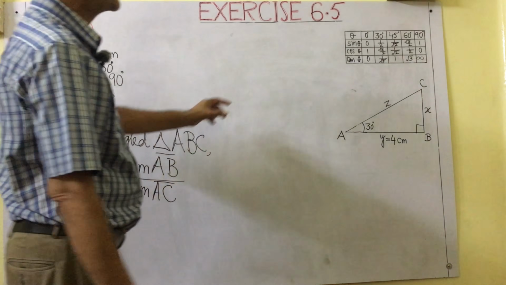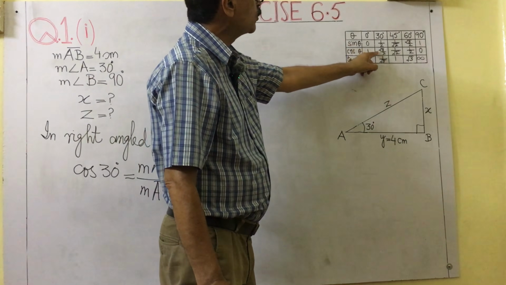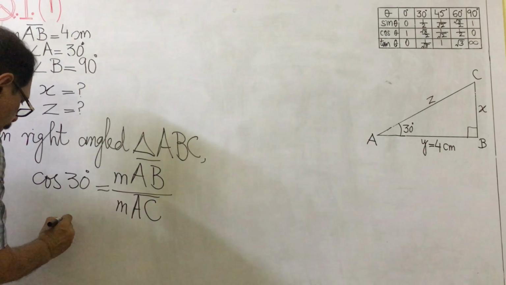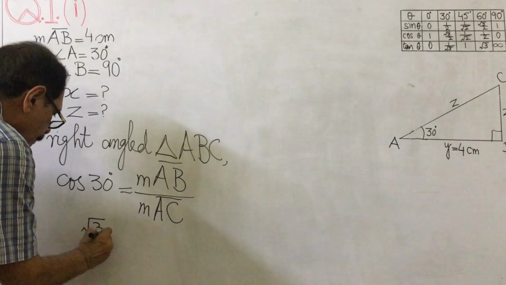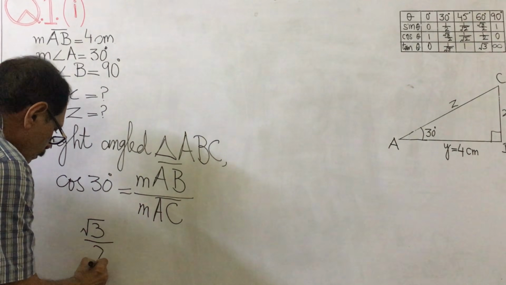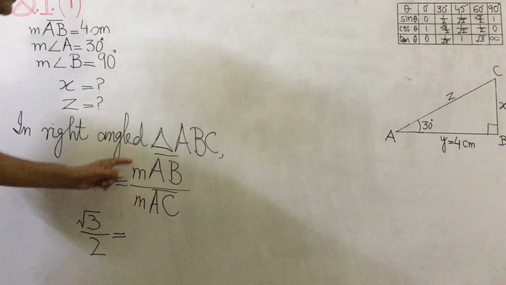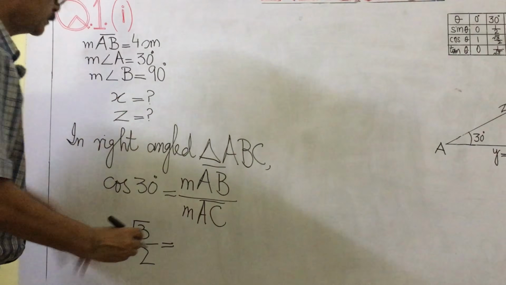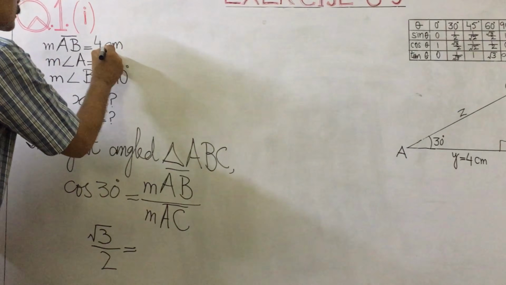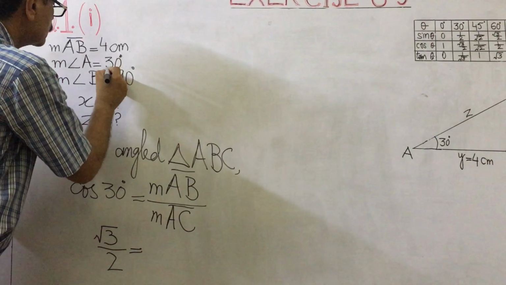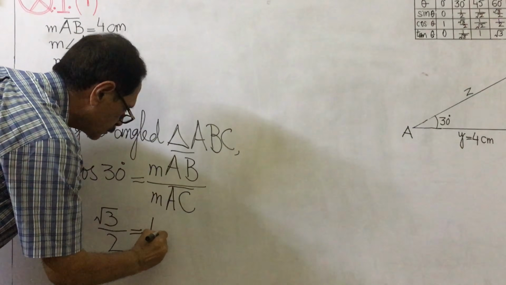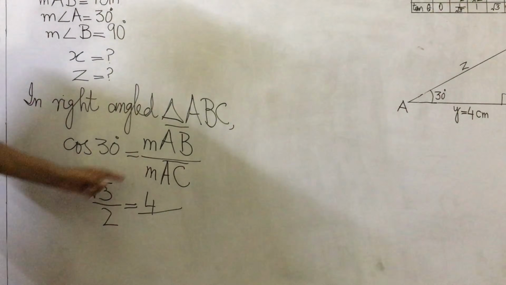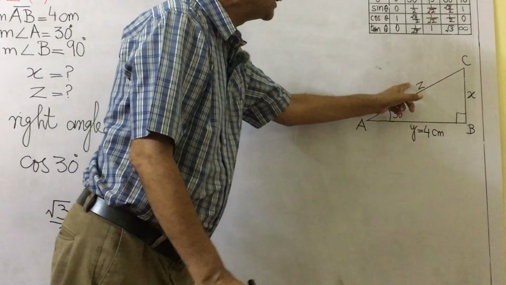Cosine of 30 degrees is equal to square root of 3 by 2. AB is equal to 4 centimeters, over AC, which is Z.